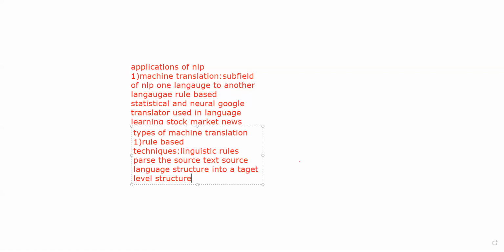The first stage analyzes the source text and produces a structure conforming to the rules of the source language. The second stage transfers the source language representation to the target language representation. The third stage generates the actual target language text.